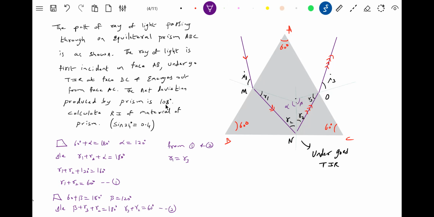If R1 equal to R3, then sine I1 equal to mu sine R1, so I1 is also equal to I3. Okay, these are some important conclusions we have.